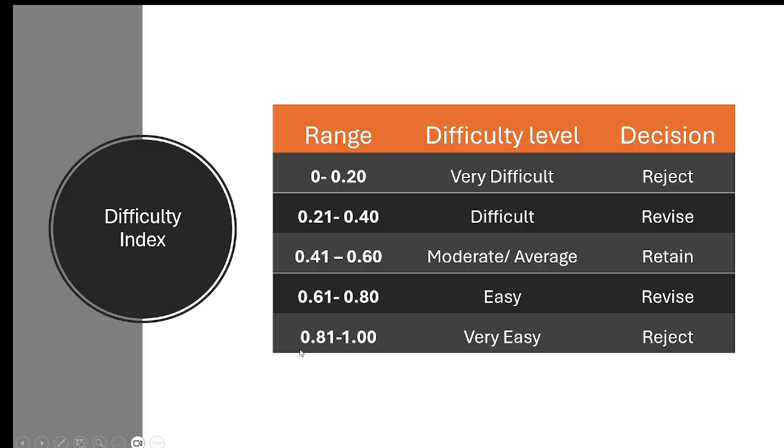Then if it lies between 0.81 to 1.00, again the item has to be rejected. So this last column of decision taking will be considered by a researcher who is involved in the process of standardizing his tool or in the preparation of his tool.